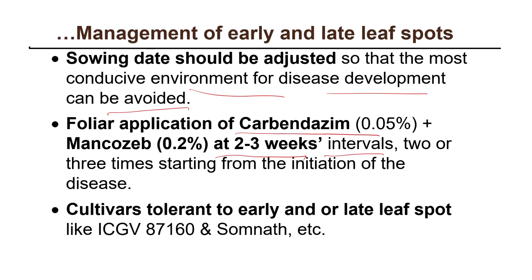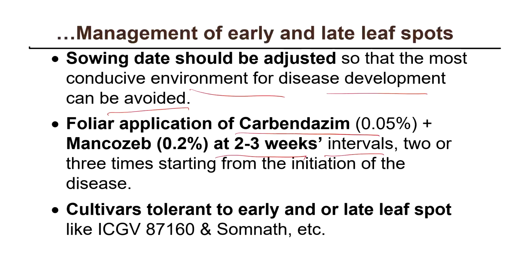When you think that the disease has been initiated, then you can go for spraying of these 2 fungicides in combination. Cultivars tolerant to early or late leaf spot like ICGV 87160 or Somnath. There are some other cultivars or varieties which are tolerant or resistant to these 2 fungal diseases. Those may be grown in areas where the disease has become endemic.